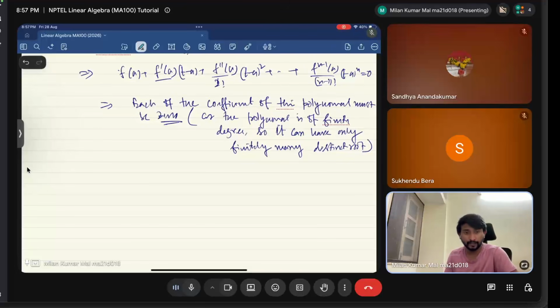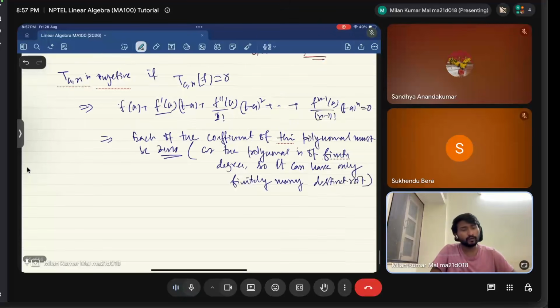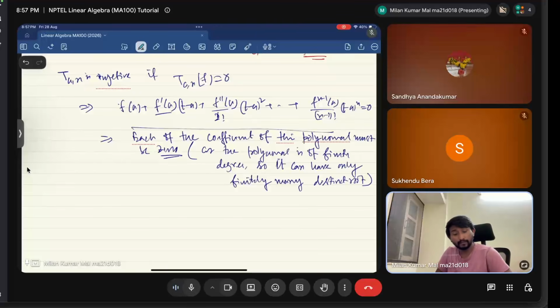Now if I is an interval with two distinct points, there is an uncountable number of points inside I. But here it is saying this polynomial is 0 at all the points of that interval. That means there are uncountably many points where the polynomial becomes 0.